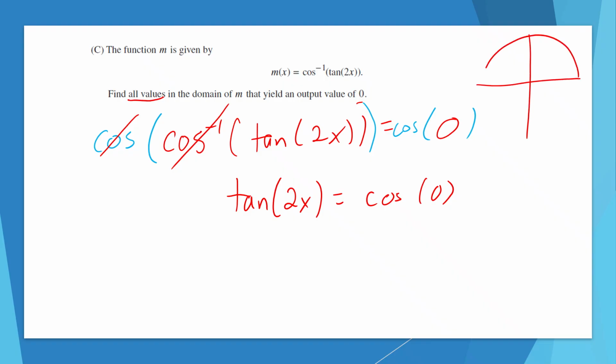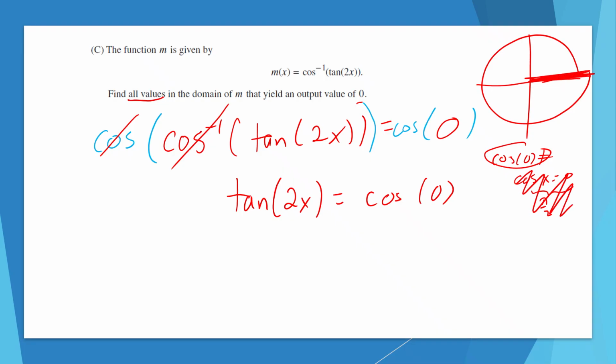Here, remember on the unit circle, cosine of 0 radians is not the same as cosine x equals 0. This would be pi over 2, but this is not what we were asking. We were asking what is cosine of 0 radians? That's going to be right here, which this coordinate is 1, 0.